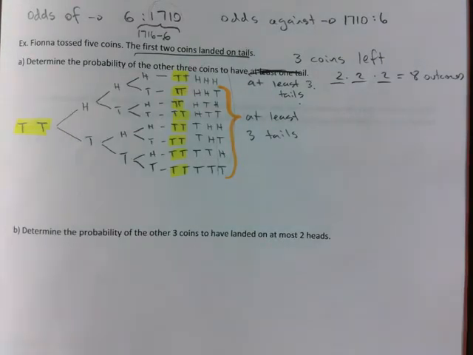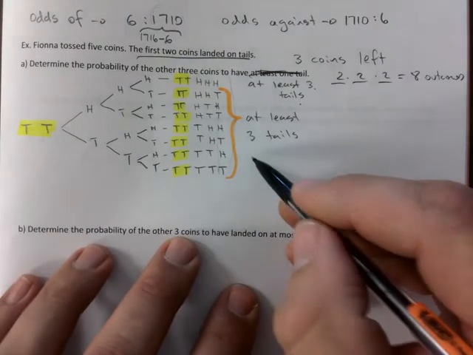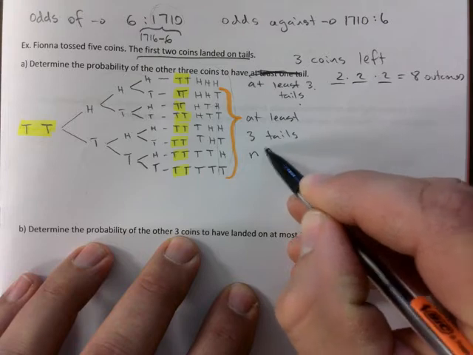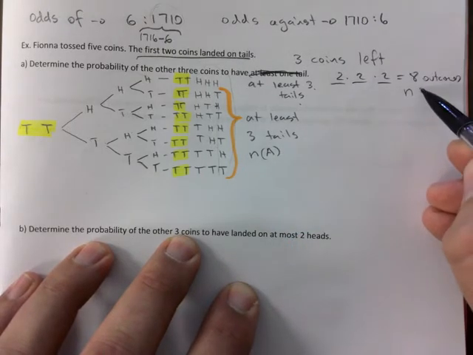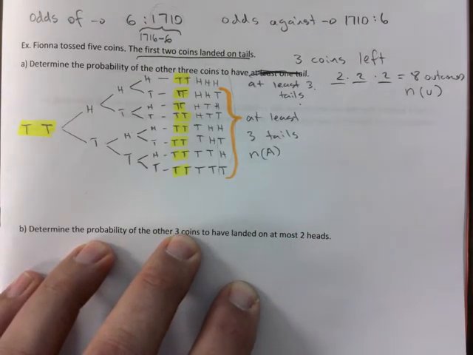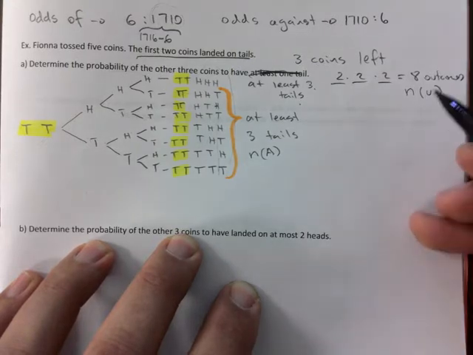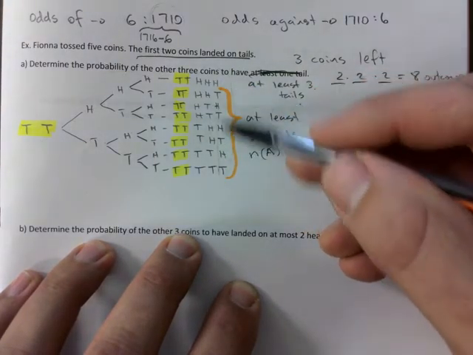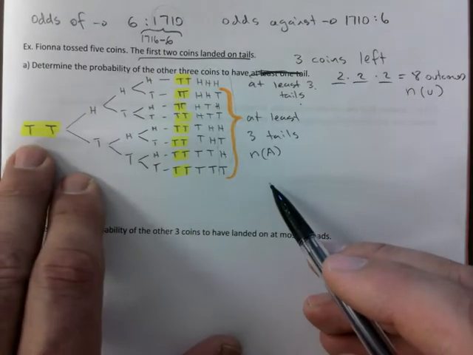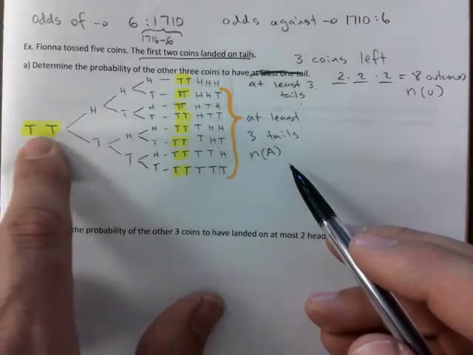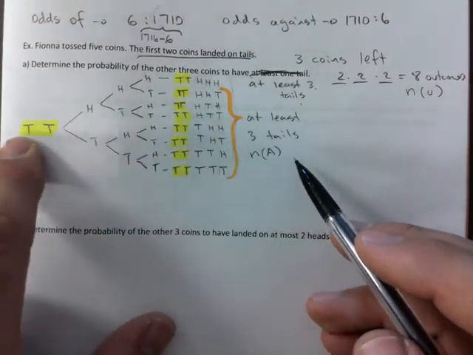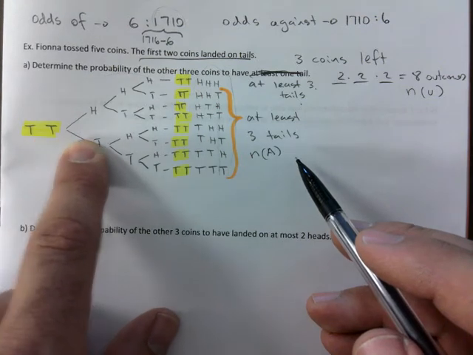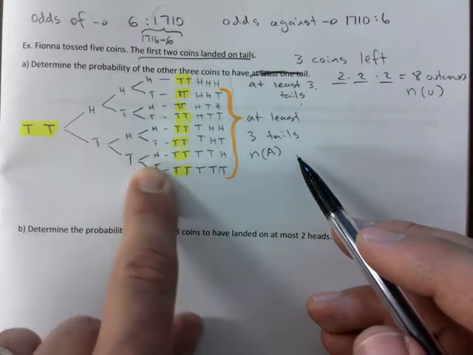Okay, but we want the probability. So this is your NA. This is your NU, the universal. There are 8 different outcomes. Even though you're like, but Mr. Dixon, 5 coins were tossed, if they tell you the outcome of the first 2, it's still just 3 left to determine.